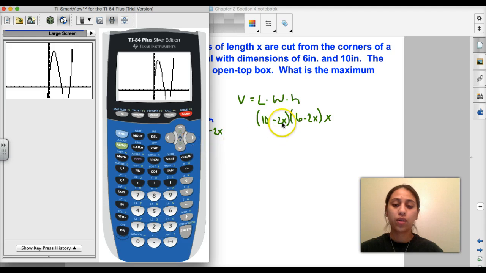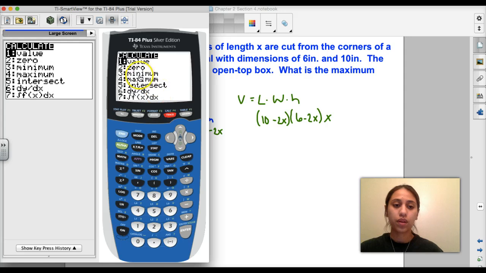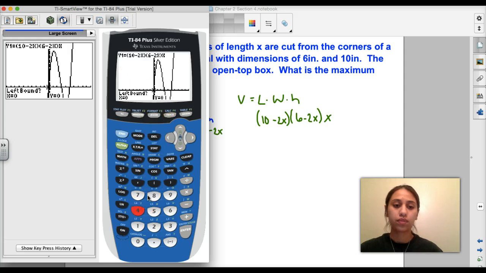Now, as you might notice, if we multiply this out, we would get an x cubed graph. And as you see here, it peaks up. It's going to have a minimum as well. So make sure you're paying attention to what the question is asking, because I wouldn't want you guys to calculate that minimum. We're trying to find the maximum. So we're going to calculate that maximum there. Maximum is 4.